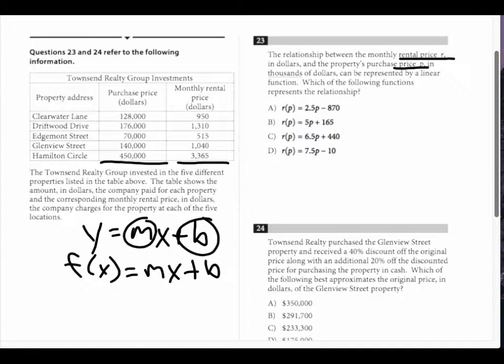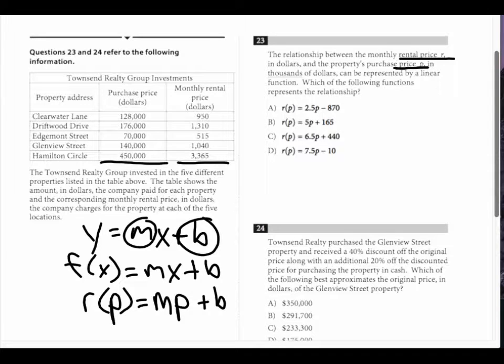But now we could say something like the rental cost or charge as a function of the price would be m times p plus the initial condition b, right?